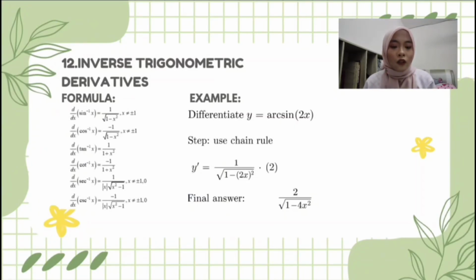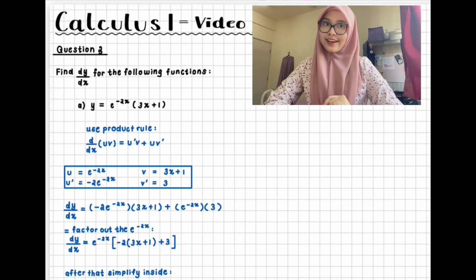When you get y equals arcsin 2x, step number 1 is to use the chain rule to differentiate it. Then when we solve it, the final answer will be 2 per square root of 1 minus 4x power 2. That's all from me.